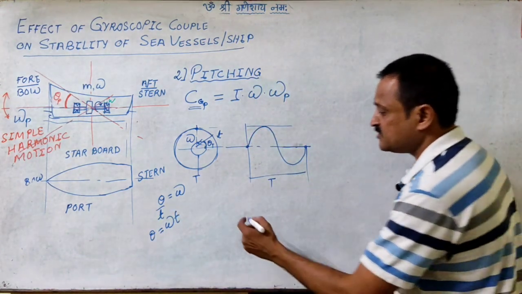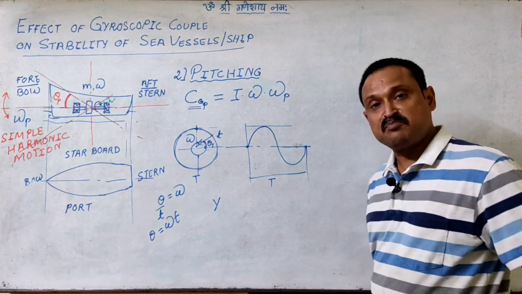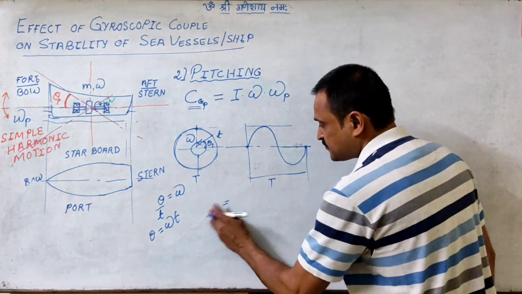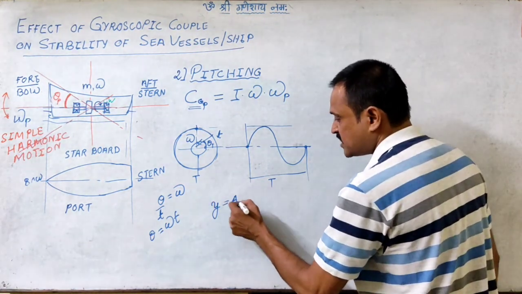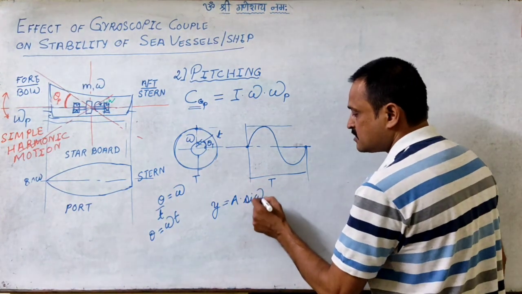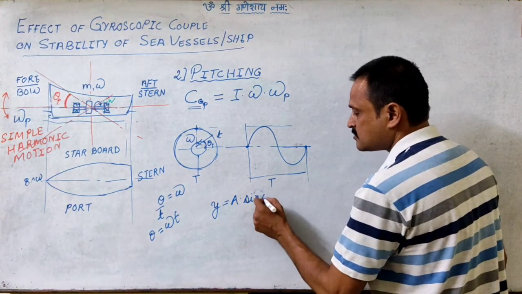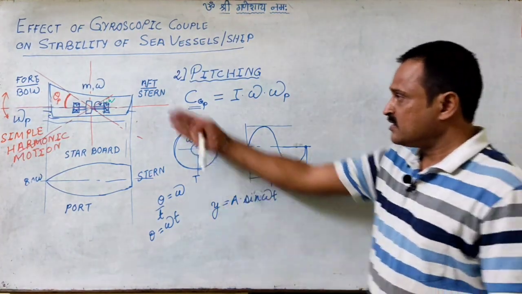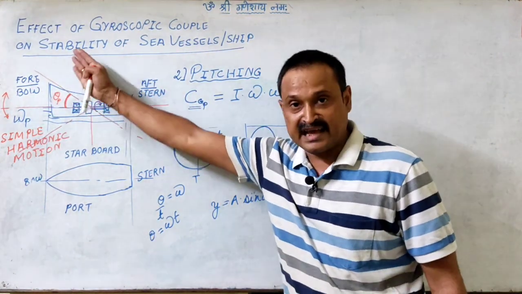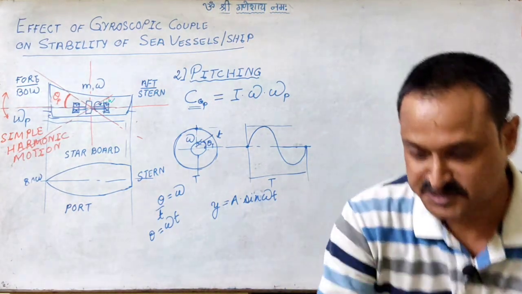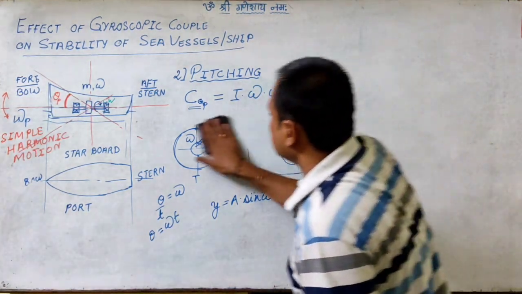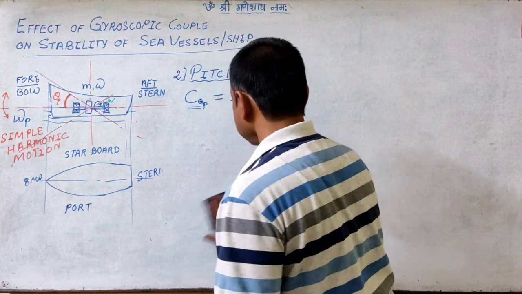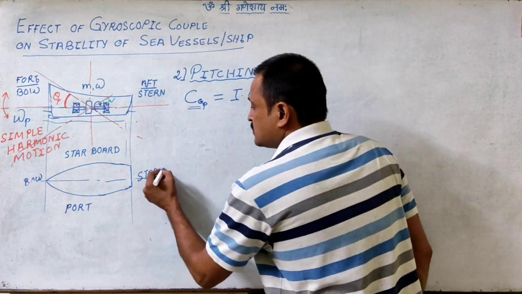So the expression we know for simple harmonic motion is y equals a sine omega t at given time t, where a is the amplitude. But here we are talking about the angular displacement, which is theta_p.